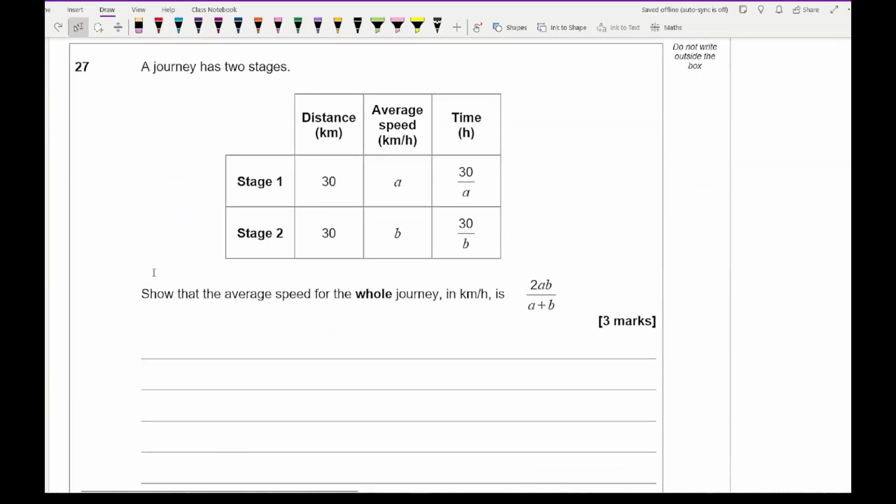Then moving on to our last question, it says that a journey has 2 stages. Show that the average speed of the whole journey in kilometers per hour is 2ab over a plus b. Now the average speed is equal to the total distance divided by the total time.